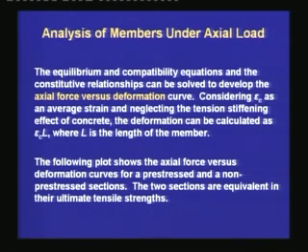The equilibrium and compatibility equations and the constitutive relationships can be solved to develop the axial force versus deformation curve. Here we have seen a set of equations. First, an equilibrium equation where the external load is equal to the summation of the internal forces.